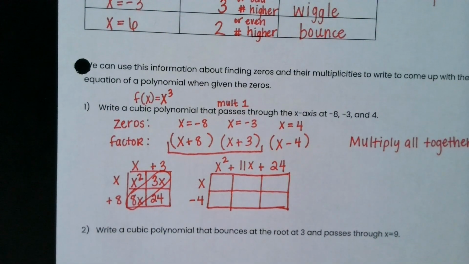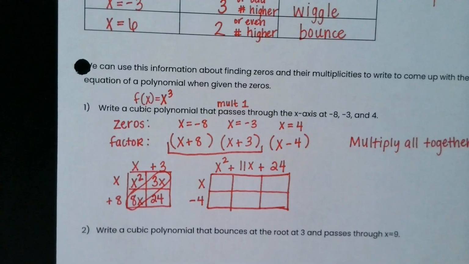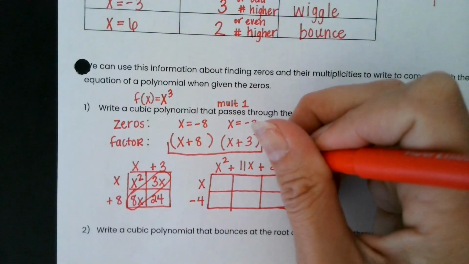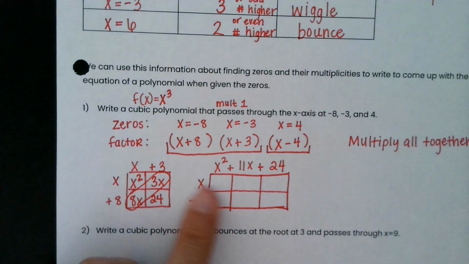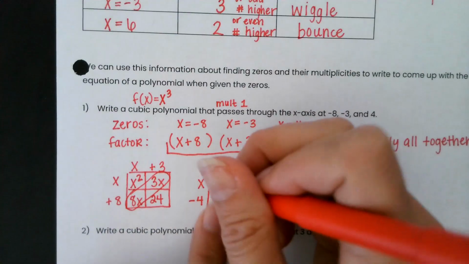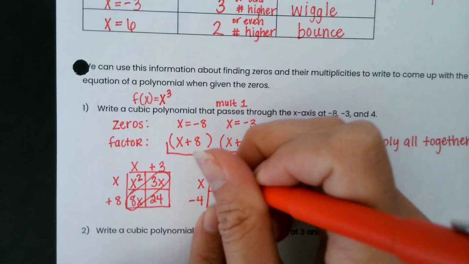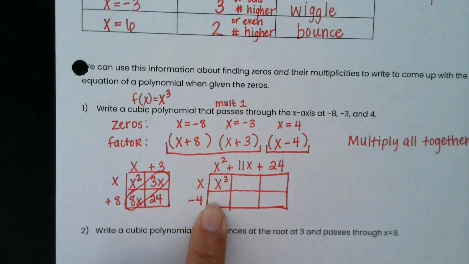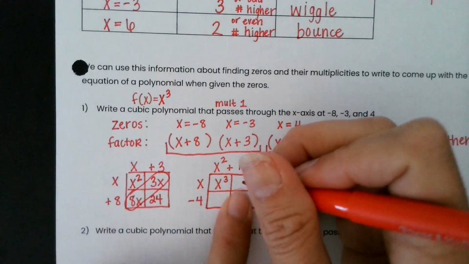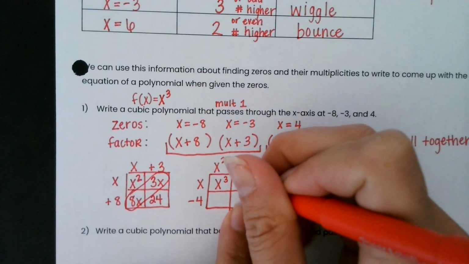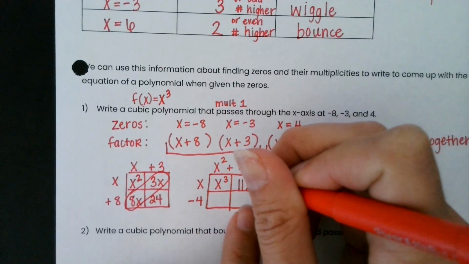We're going to multiply those together. Then we'll have done all 3, so we'll be finished at that point. Thank goodness. So x times x squared is x cubed, and x times 11x is going to be 11x squared.